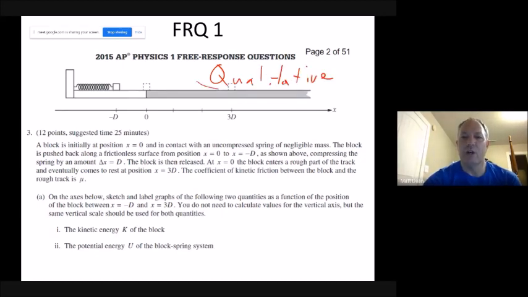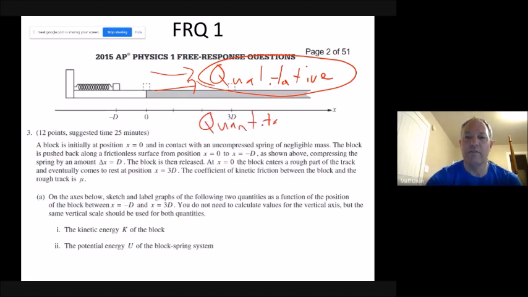So if they ask you for a qualitative explanation, they want you to explain things in terms of words. No equations, no math, just words. But later on in this problem, they also want you to do some quantitative reasoning.